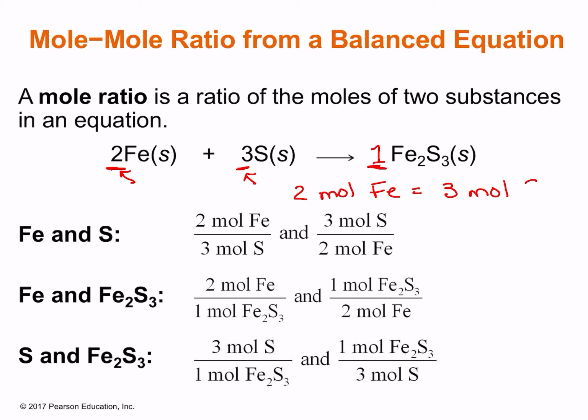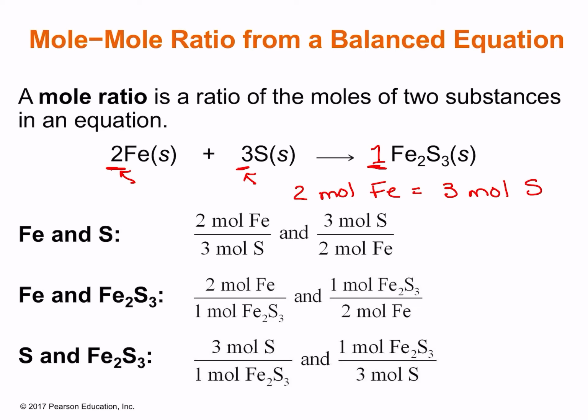Then we can write these conversion factors, kind of like we've done the rest of the semester. We could put iron on top and sulfur on the bottom, or sulfur on the top and iron on the bottom. It depends on what we need in order to correctly set up our train track.